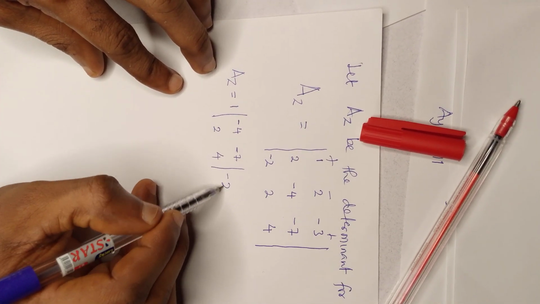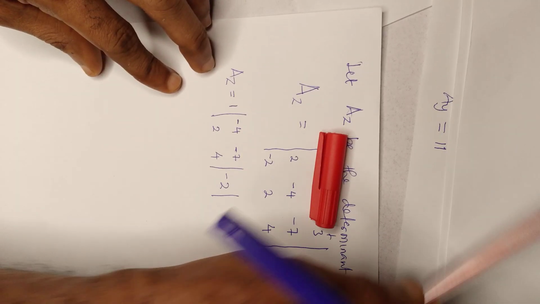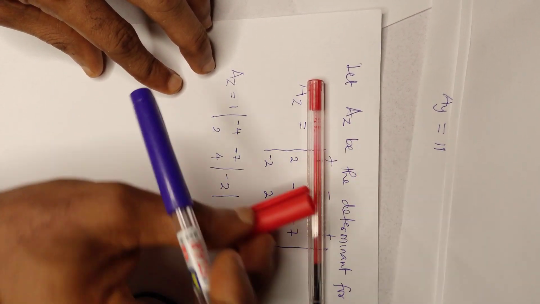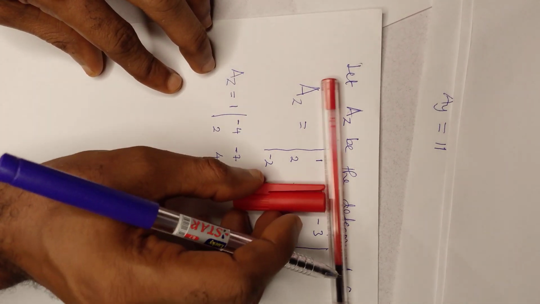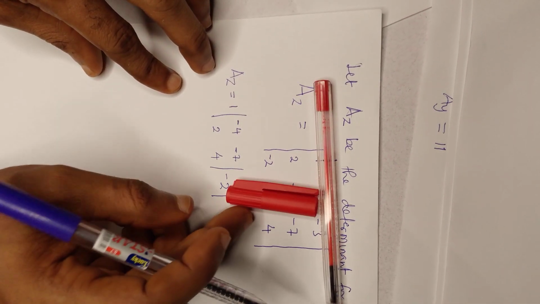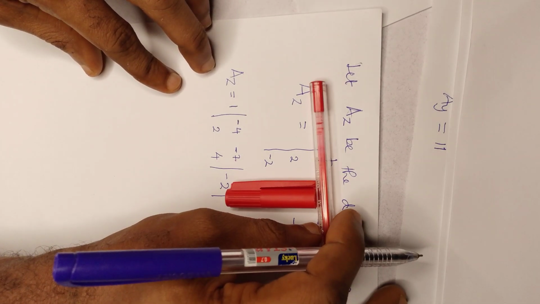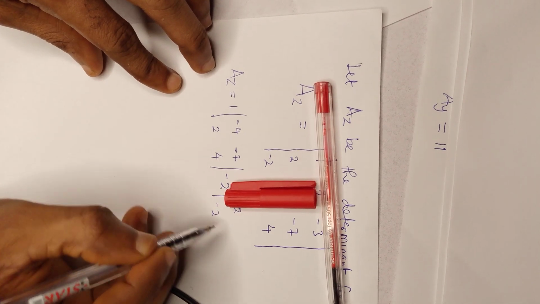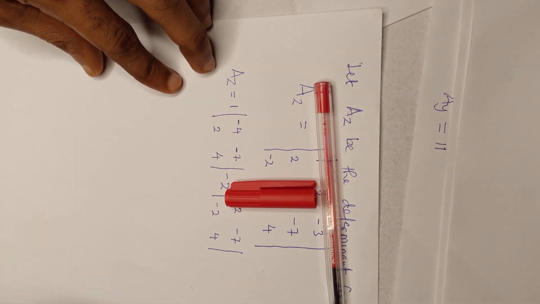So this will give us minus 2, and then we cross here since we are looking at 2. So we are going to be left with 2, minus 2, minus 7, 4. Okay, we are done with that.